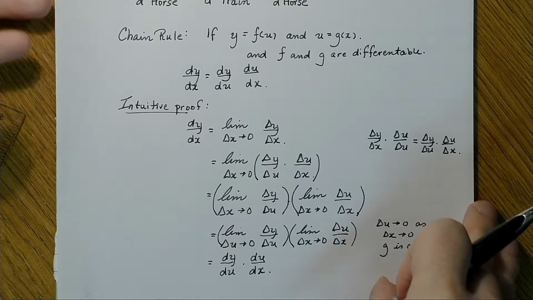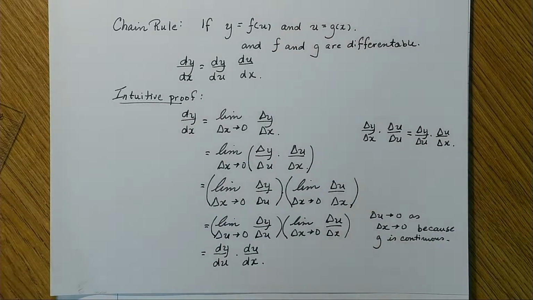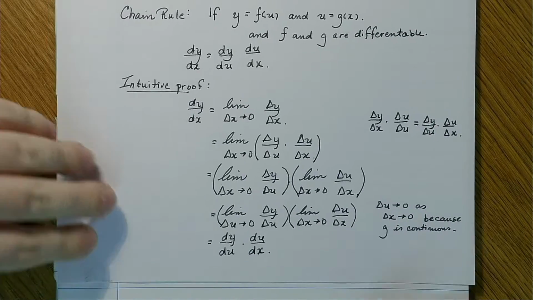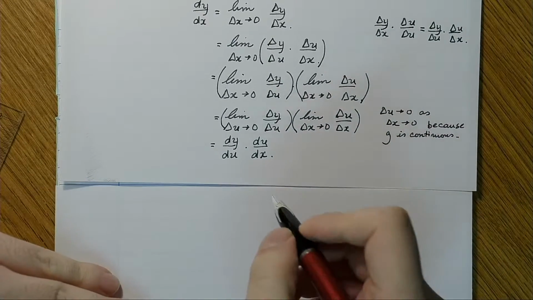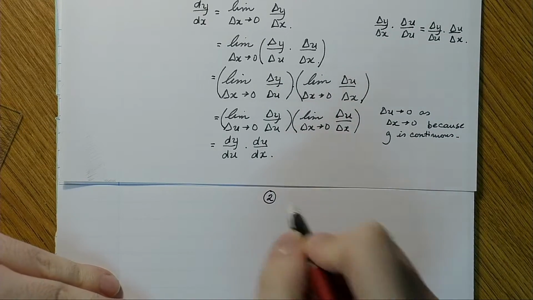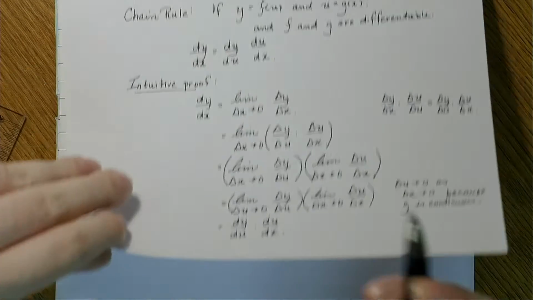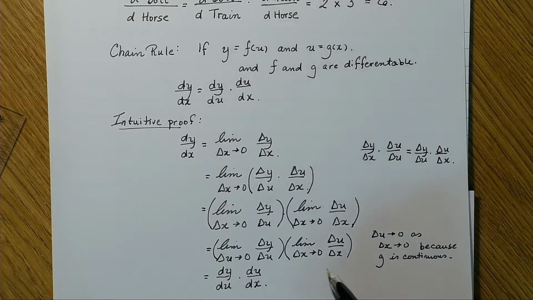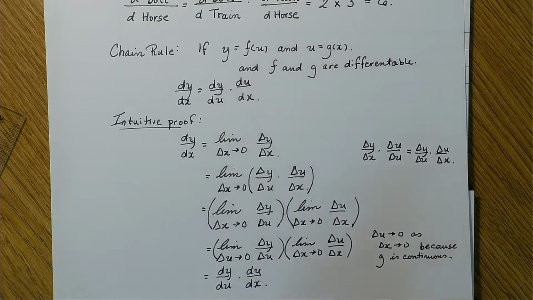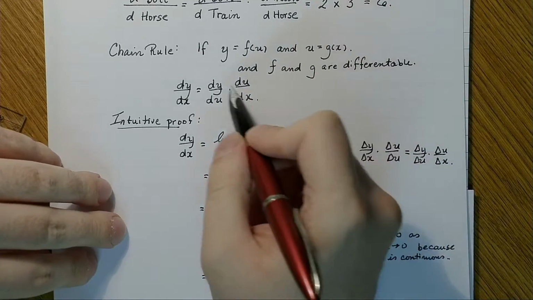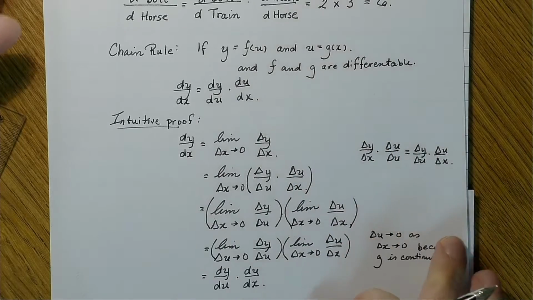But for now, this is good enough for us to use. It gives you that basic intuition that we're able to cancel out these du's. So you're left with dy over dx.